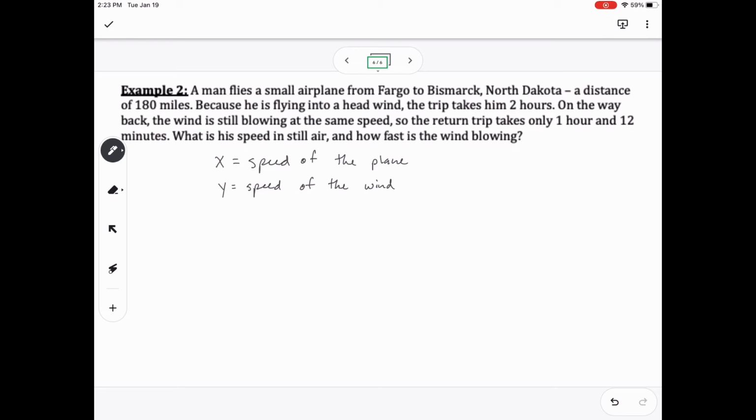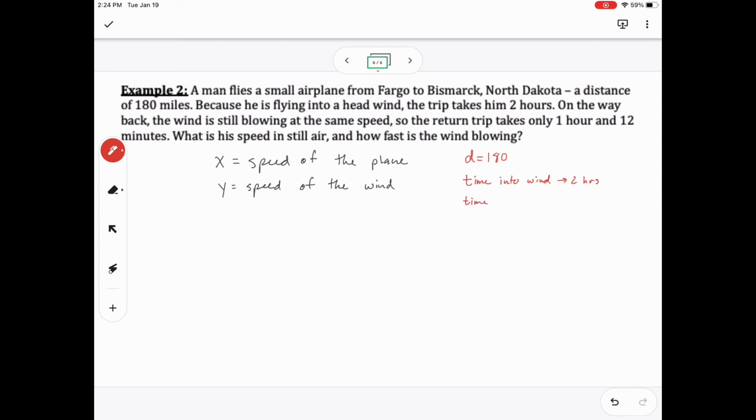So it helps me set up my equations. It looks like the distance for both trips is 180 miles. Then I also know that the time that it takes to go into the wind is 2 hours. And then also the time that it takes to go with the wind is 1 hour and 12 minutes.